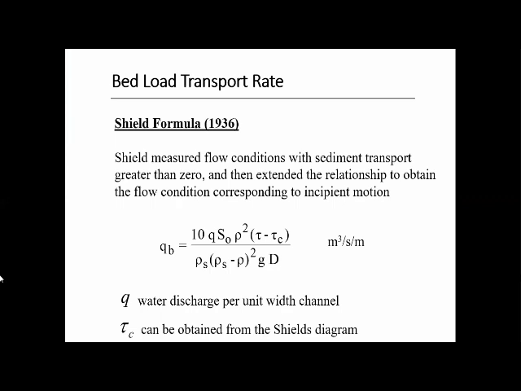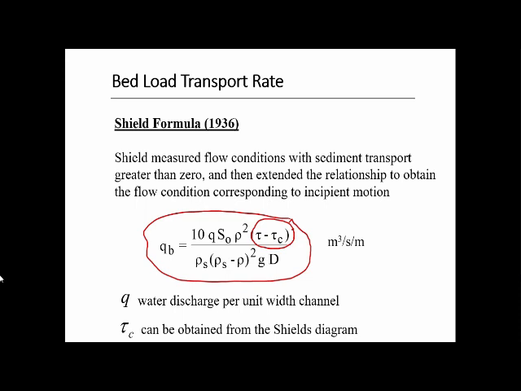The second formula that you can use to calculate the bed load transport, which is still under this shear stress approach, is the Shields formula. The Shields formula gives you these equations for your bed load transport, where the shear stress approach is taken into consideration.